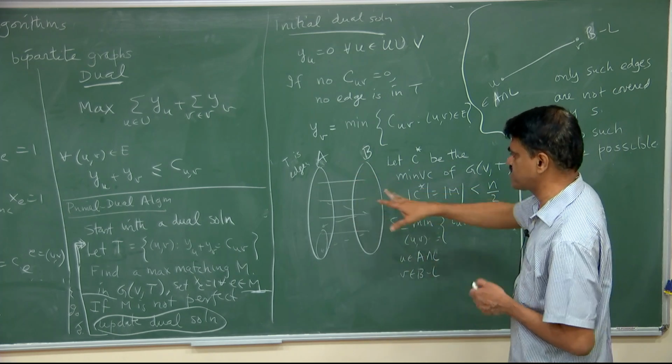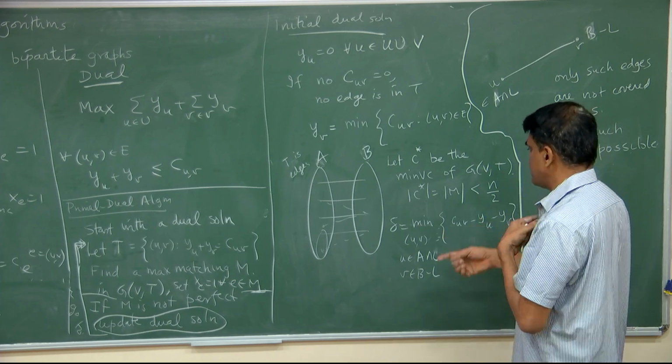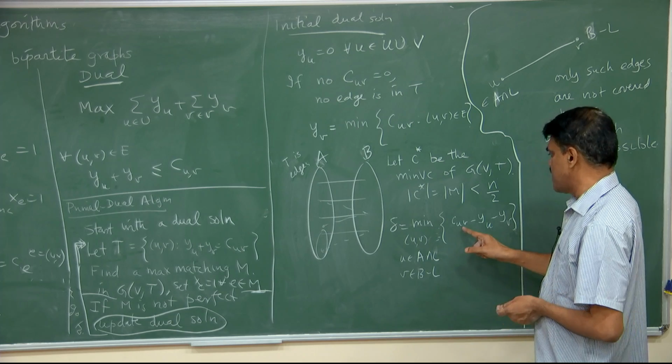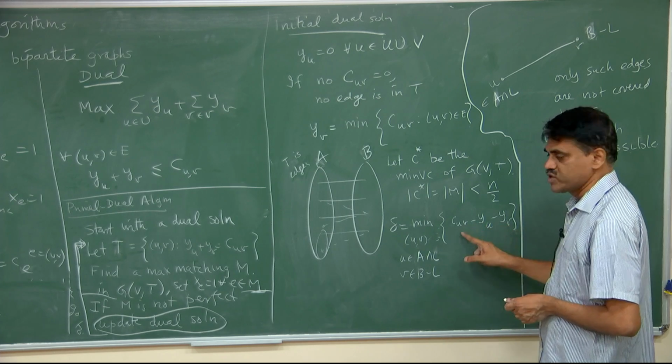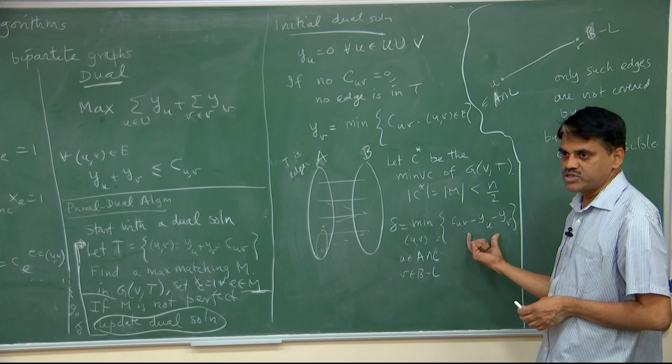If I pick this vertex cover, the minimum vertex cover, the earlier argument showed this. But in the graph I have, it's a complete bipartite graph. So among all these edges, I pick c_UV minus Y_U minus Y_V of all these edges. We know that this is strictly positive. Why?